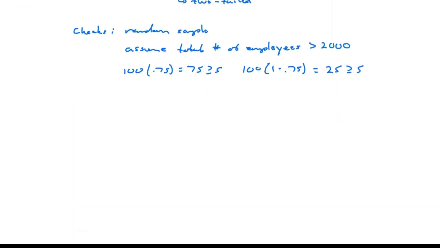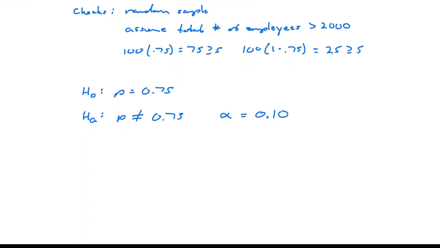We're good to go. Our null is that p is 0.75. Our alternative is that p differs from, is not equal to, 0.75. Alpha in this case has changed. We're going to use a 10% significance level instead of the typical 5%. And again, we need p hat, the sample proportion, which is simply the 68 employees who responded yes out of the 100 employees total, and that is 0.68.